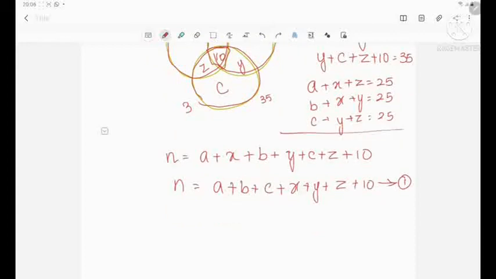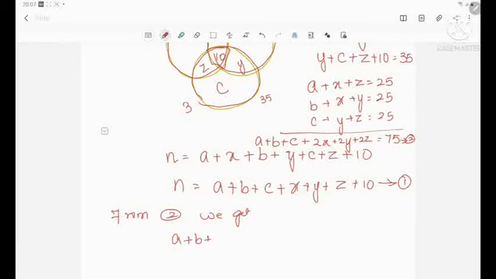Adding all these 3 equations, we get A plus B plus C plus 2x plus 2y plus 2z is equal to 75. Let us mark this as 2. From 2 we get that A plus B plus C is equal to 75 minus 2 times (x plus y plus z). Mark this as 3.